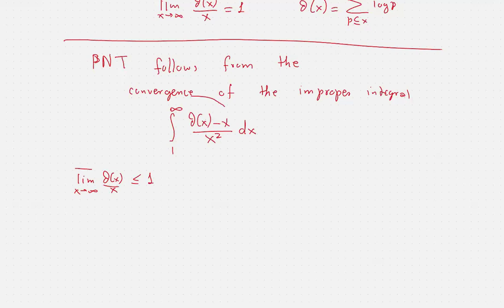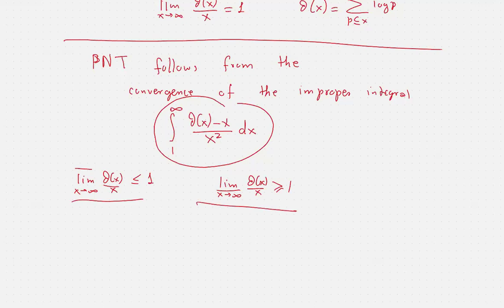And then one also shows that the lower limit as x tends to infinity of theta of x over x has to be greater than or equal to 1. Because if it goes greater than 1, then again, that integral would diverge. So eventually, the convergence of this integral shows that the limit of theta of x over x is equal to 1, hence the prime number theorem. In other words, our attention now turns completely to the convergence of this integral.